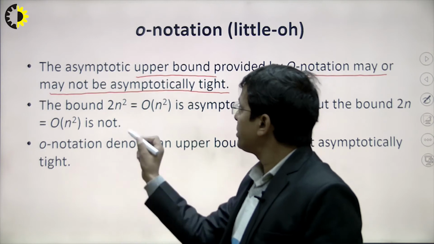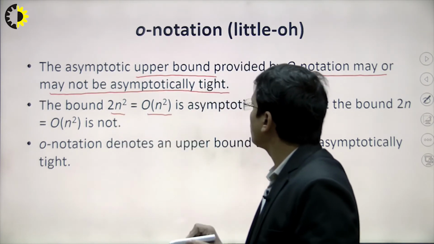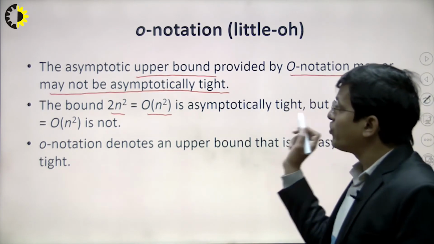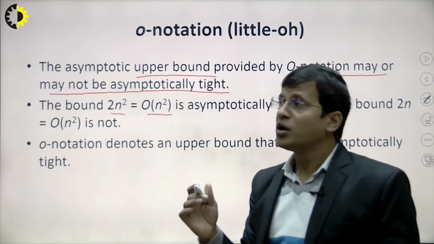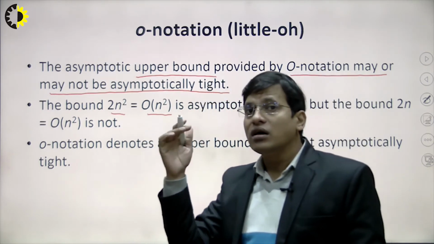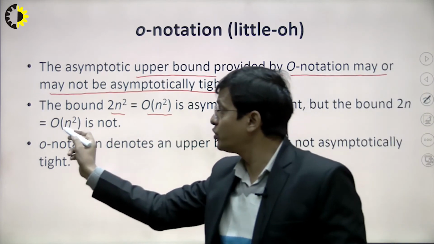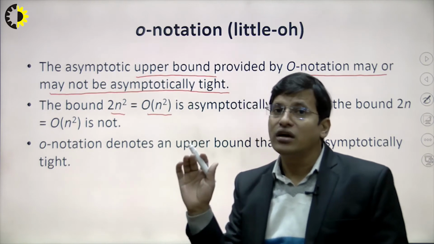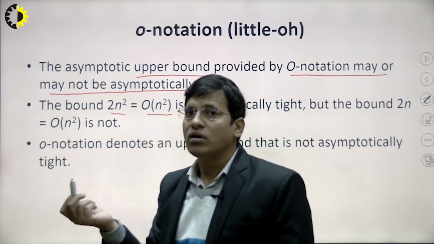Let me take an example. For the bound 2n squared, we have written big O of n squared, which is asymptotically tight, but the bound of 2n, that is big O of n squared, is not valid in this case. The function is linear, but if we write a maximum upper bound here, that will not be correct.